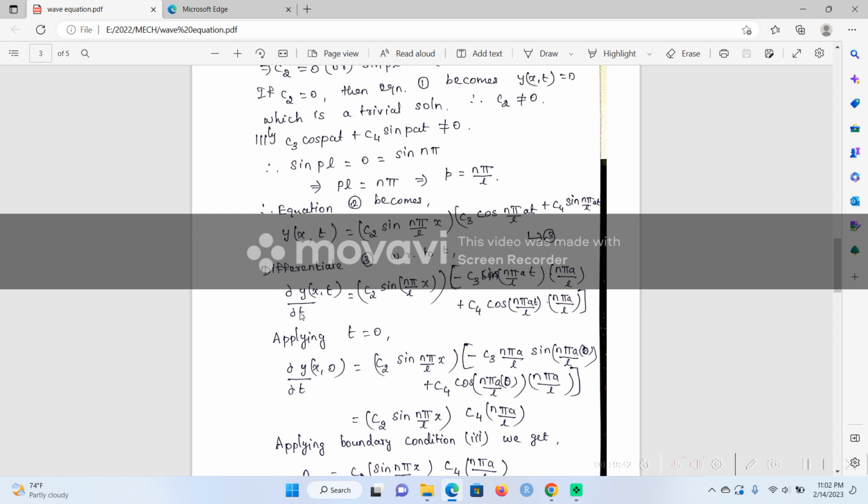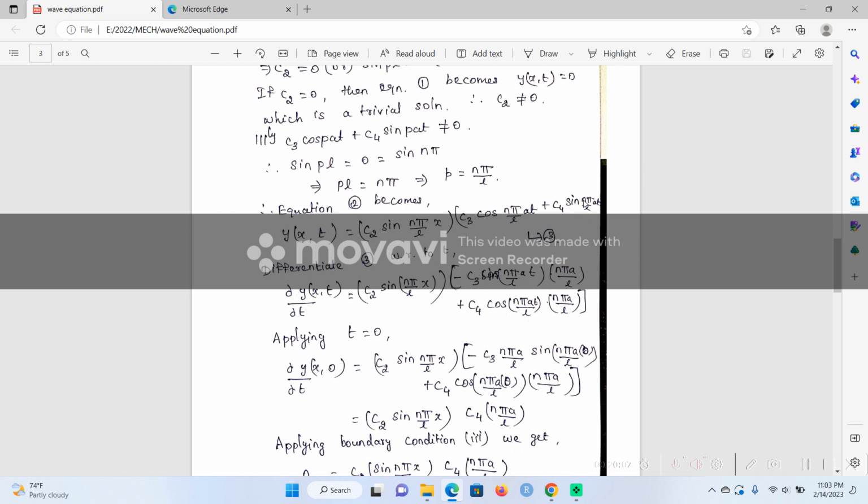So which is dou by dou t of y of x comma t. So here this one has no t term, so which is considered as a constant term. So we are keeping that one, and derivative of cos will be minus sine into n pi by L a, and sine derivative will be cos.